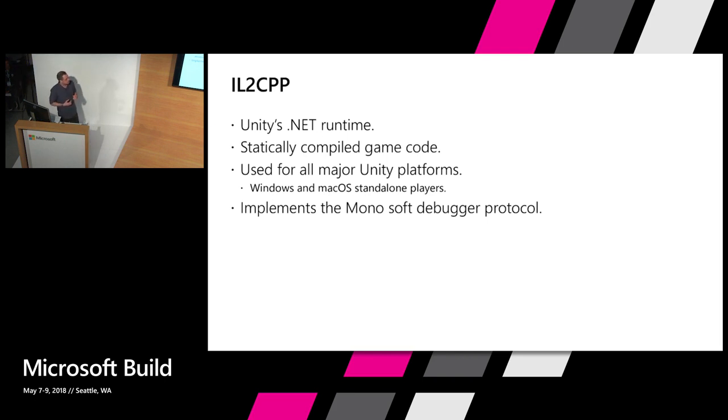In 18.1, Unity added support for the Mono soft debugger protocol, which is a TCP connection that your IDE can connect to. So when you create your game with IL2CPP, say for iOS, you will be able to debug the C# code of your game from your IDE, just like you're used to.